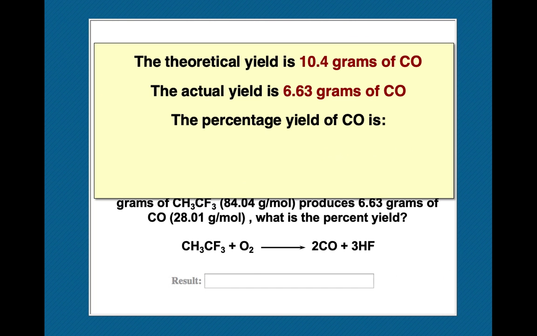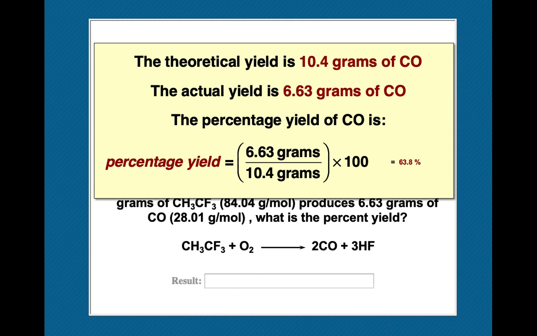Percent yield is simply going to be the ratio times 100. And that's 63.8. Again, these are entirely possible problems to do, but they're annoying. So I didn't put them in the tutorials. Any questions?